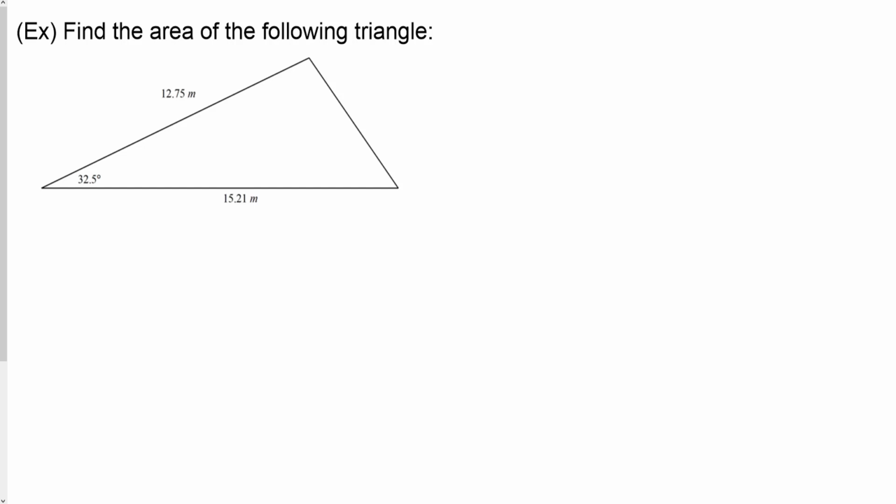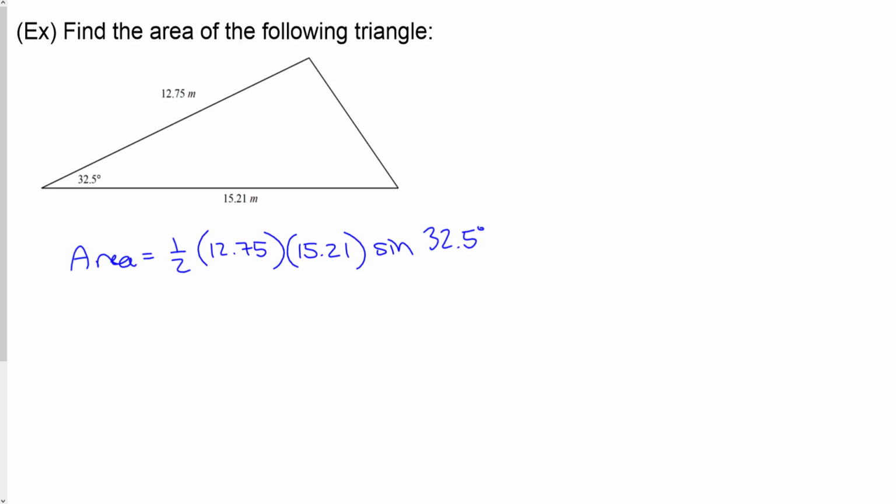So let's find the area of the following triangle. Area would be 1/2 of the two sides multiplied together times the sine of the angle in between. And it has to be the angle in between them for this to work. It doesn't really matter if you're calling them A, B, C, or whatever. It just has to be the two sides and the angle in between those two sides.